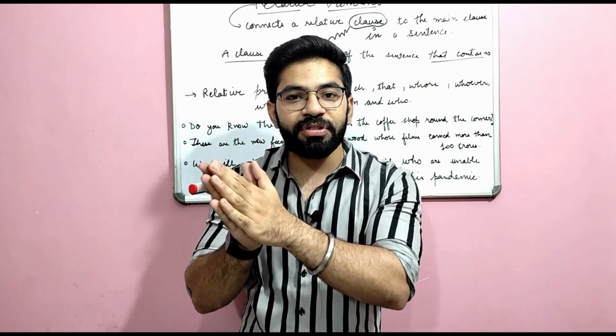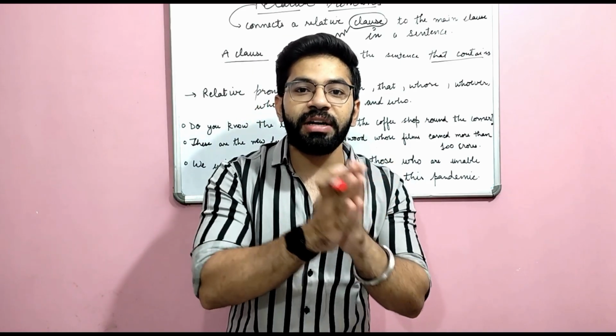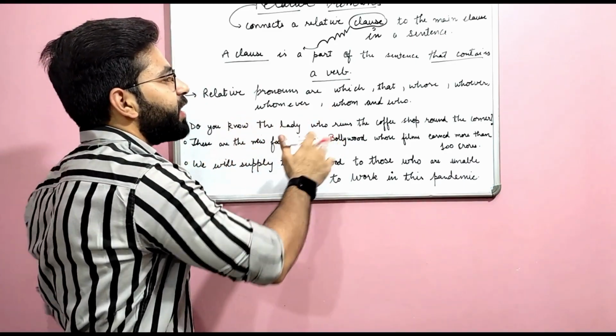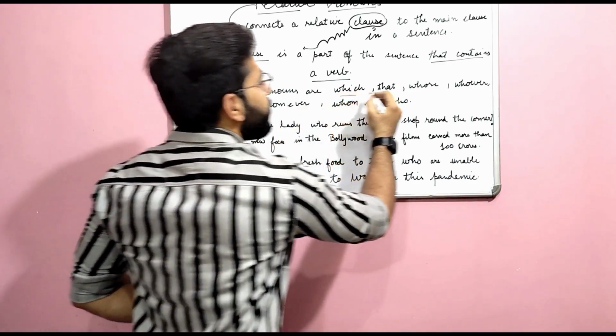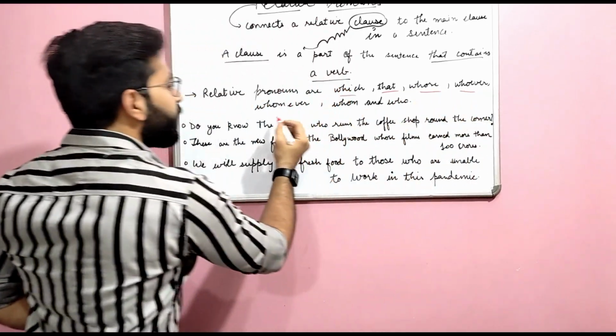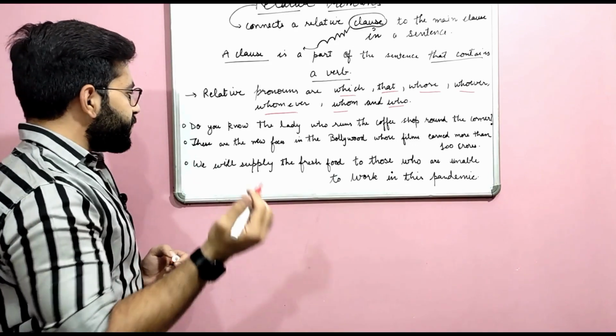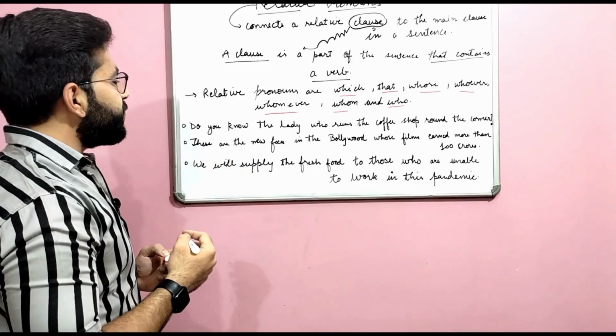So the relative clause is connected with the main clause using a relative pronoun. So there is a short list of relative pronouns: which, that, whose, whoever, whomever, whom, and who. Let's look at the usage of these relative pronouns.